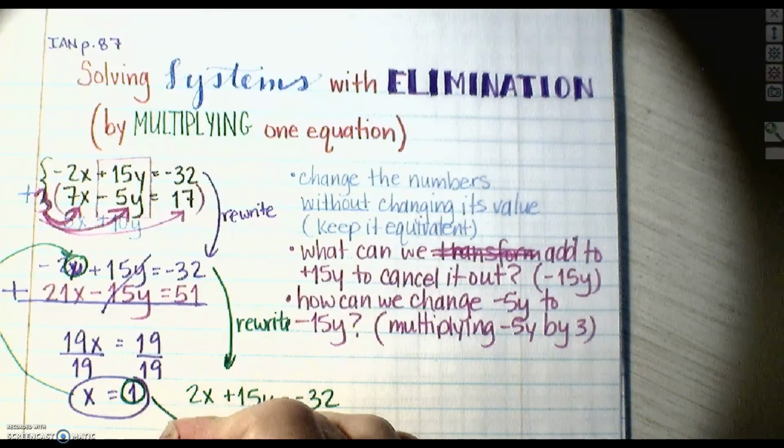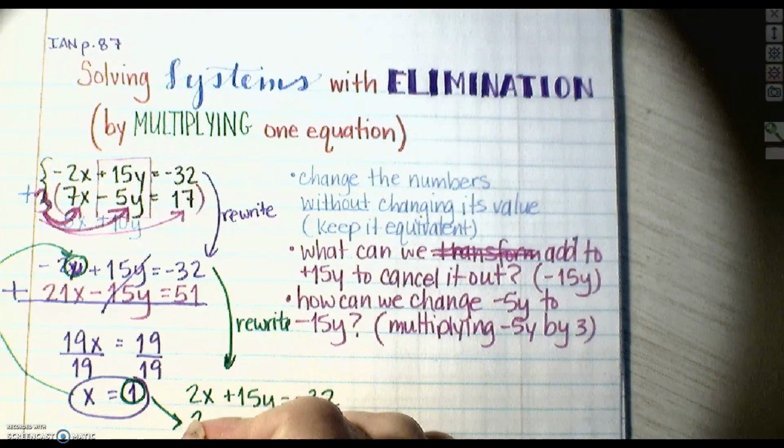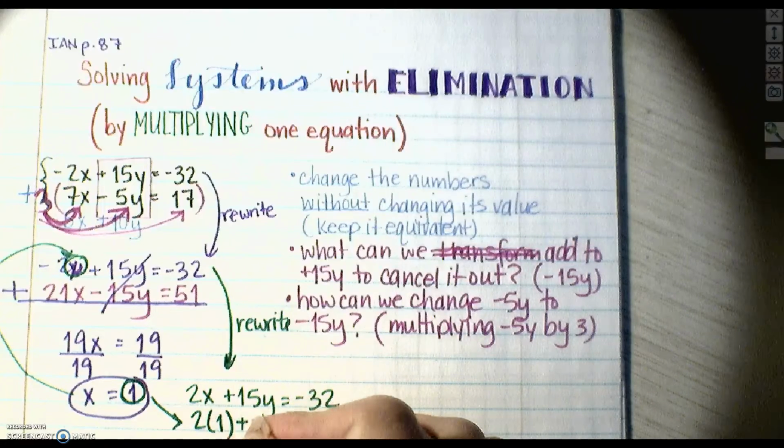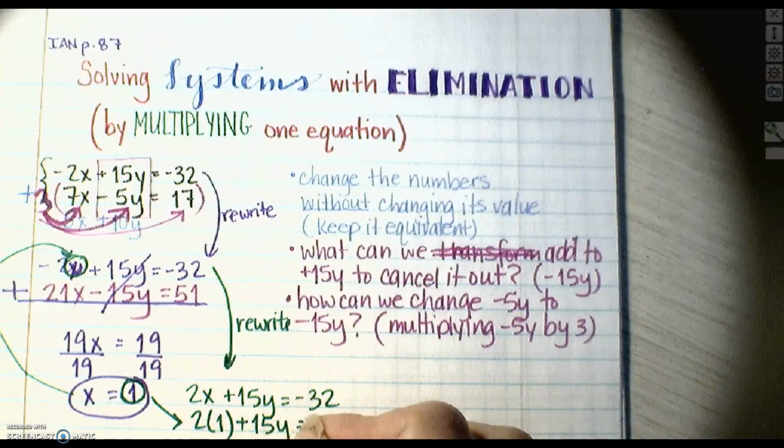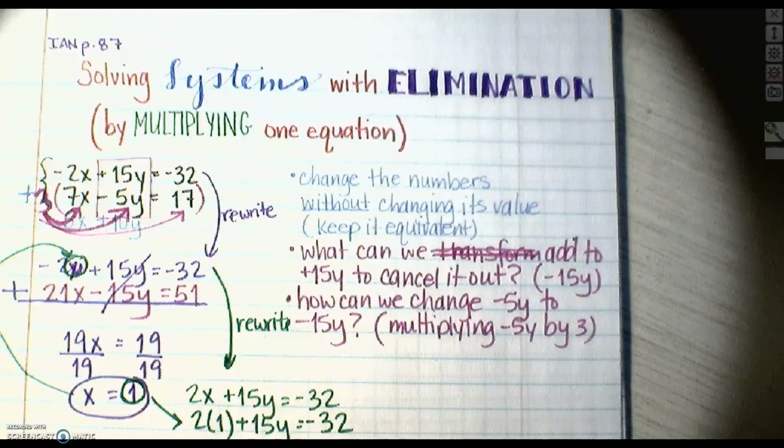We're going to plug in the 1. So 2 times 1 is 2. And we're just going to use our old inverse operations that we've gotten really used to using by now.